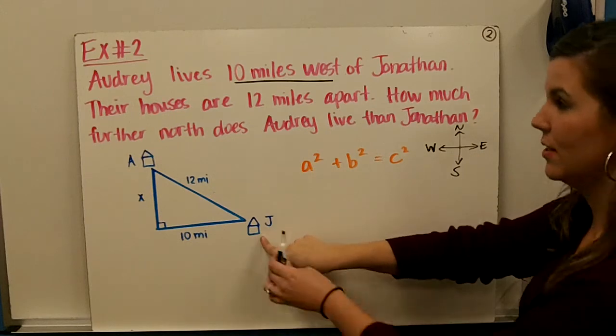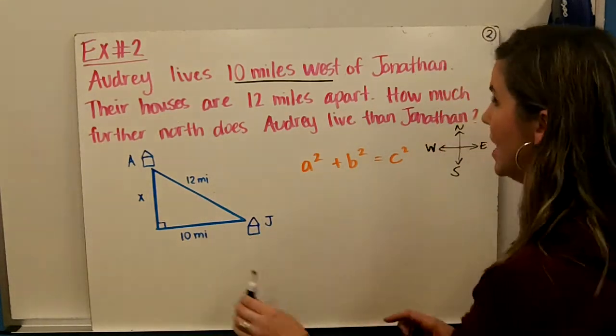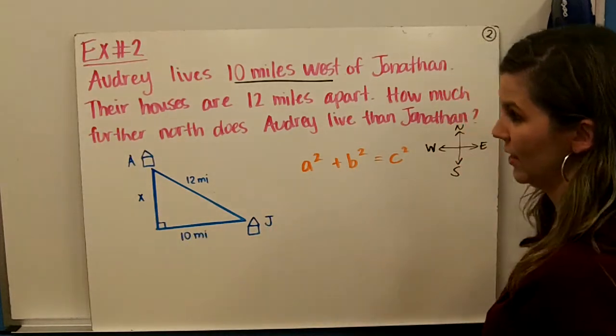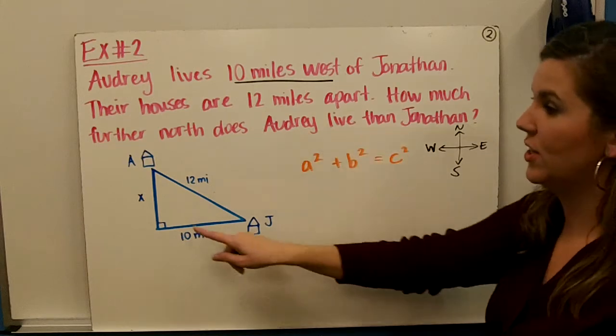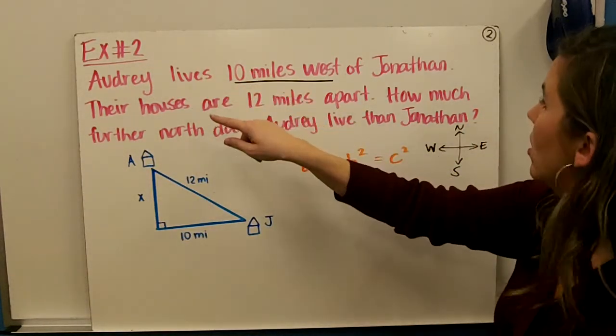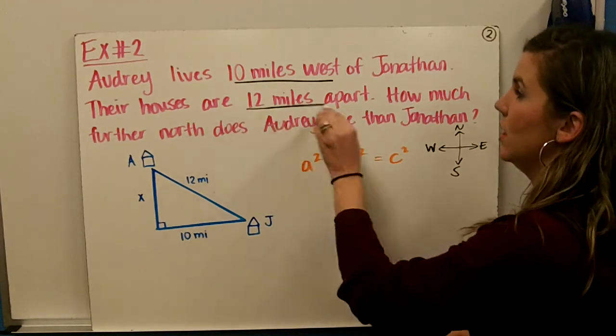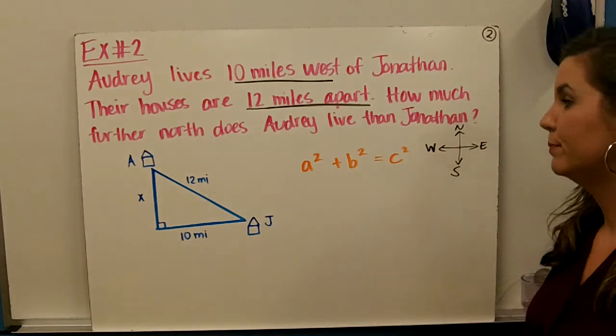So here's Jonathan, and west is this direction. So Audrey is west of Jonathan. And we want to find out how much further north she lives than Jonathan. And they are 12 miles apart. So the distance directly between A and J is 12.